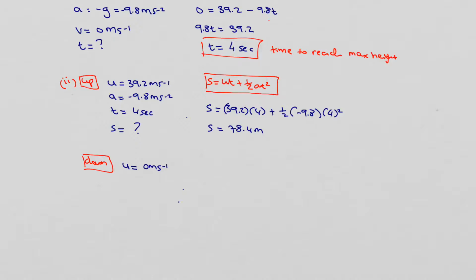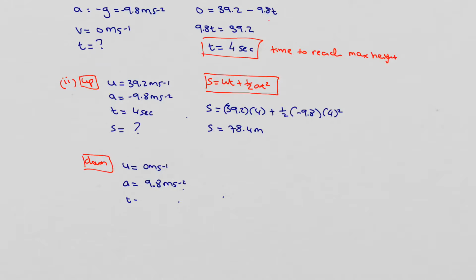And because I'm starting at u being 0, I'm now going in the downward direction, the same direction as gravity. So because I'm taking these parts of the journey in two separate stages, I'm saying u is 0, and now I'm heading down. So therefore this time g will actually be positive, because it's in the same direction as the initial velocity for this stage of the journey.